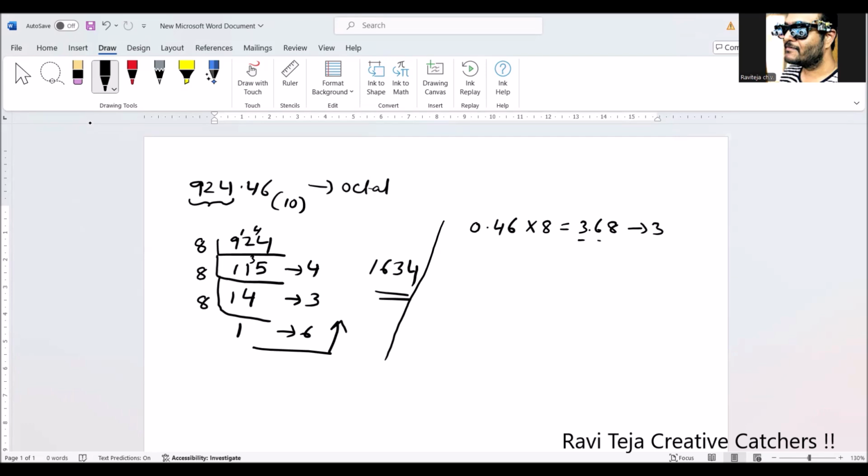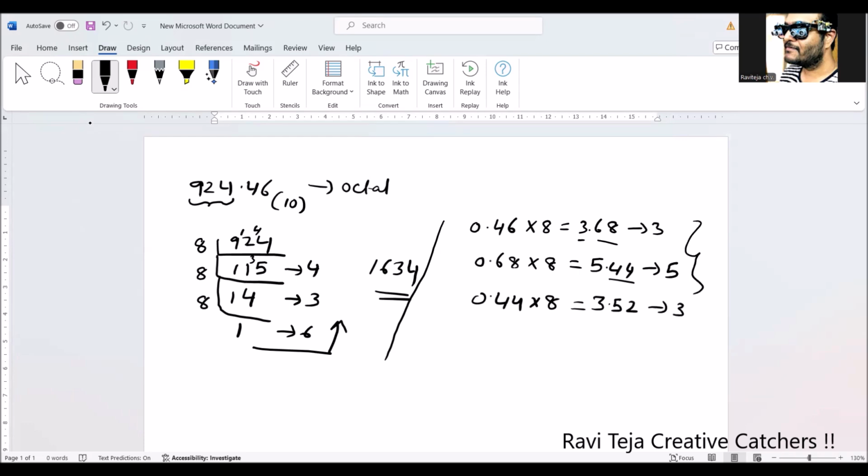And after the point, 0.68, right? 0.68 into 8 will be 5.44. So the value will be 5. Again, take the values after the point. 0.44 into 8. So the answer will be 3.52. Take the value 3 and conclude it.